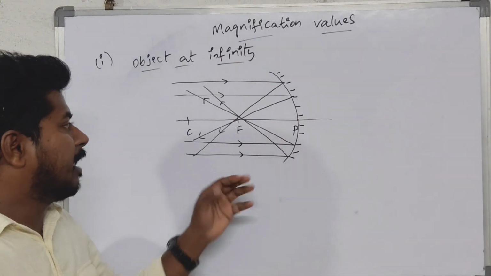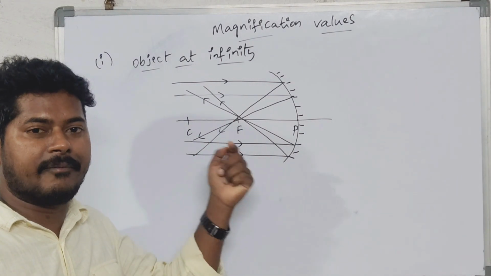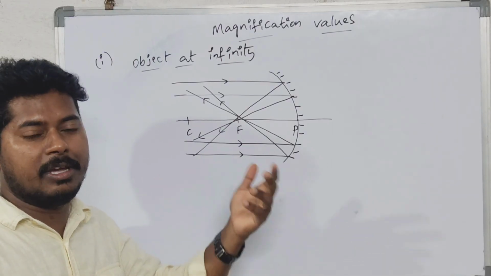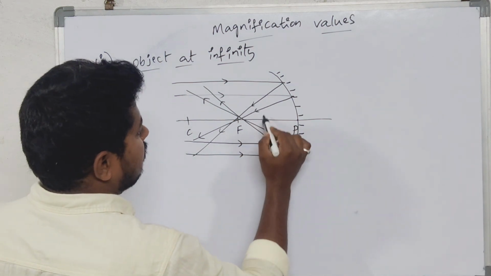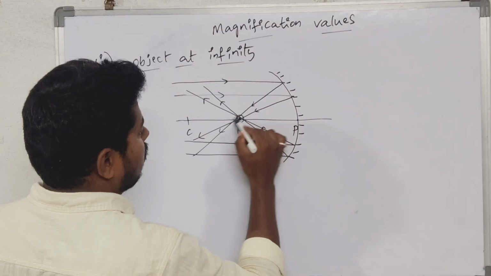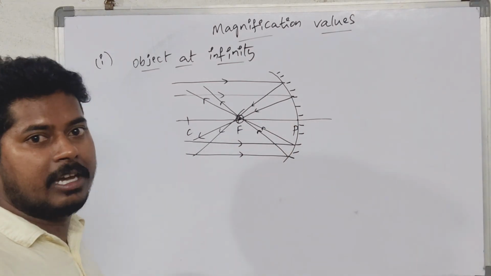Where the reflected rays intersect, their image can be formed. All reflected rays intersect at the focus. At this point, the image is formed.